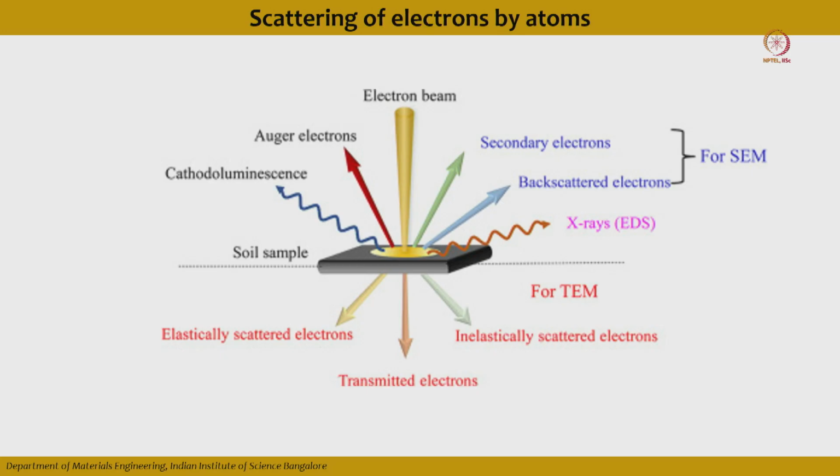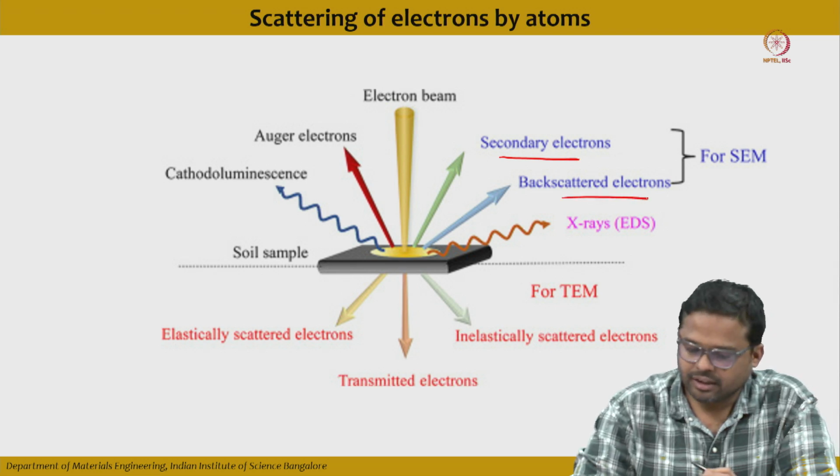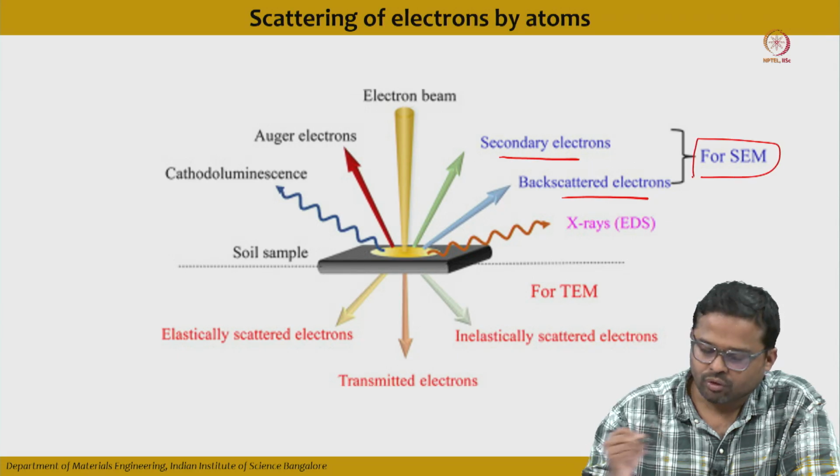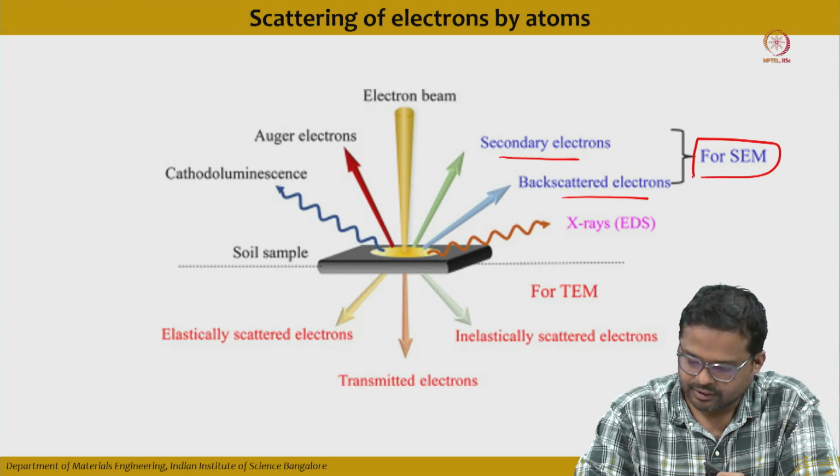spectroscopy purposes. So, in this diagram what I am showing is the interaction of an electron beam with a sample which is thin enough, so these electrons will interact with the sample to produce the secondary electrons. They can produce the backscattered electrons. These secondary electrons and the backscattered electrons can be used in SEM for imaging purposes.